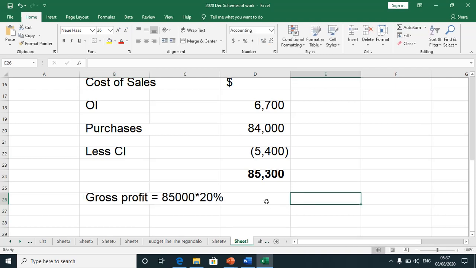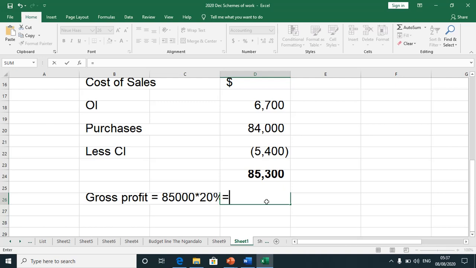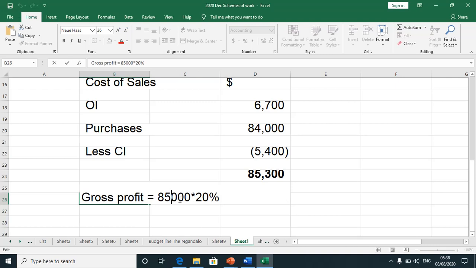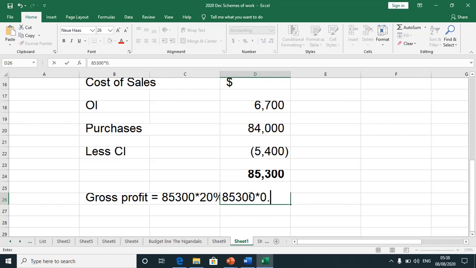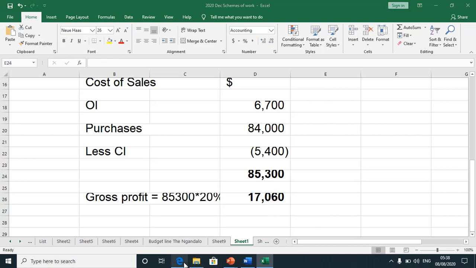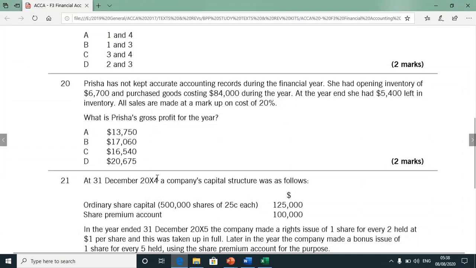Okay, I think that should not be very difficult. Let me put an equal sign there. I'm getting that figure there, 17,060, and I hope that that's what you're getting as well. So it's B there.